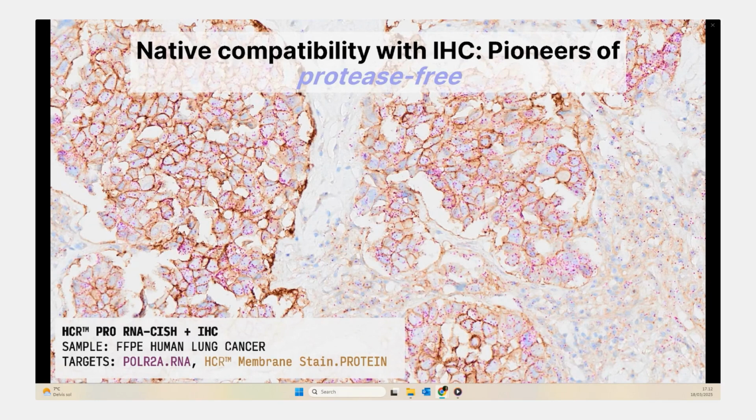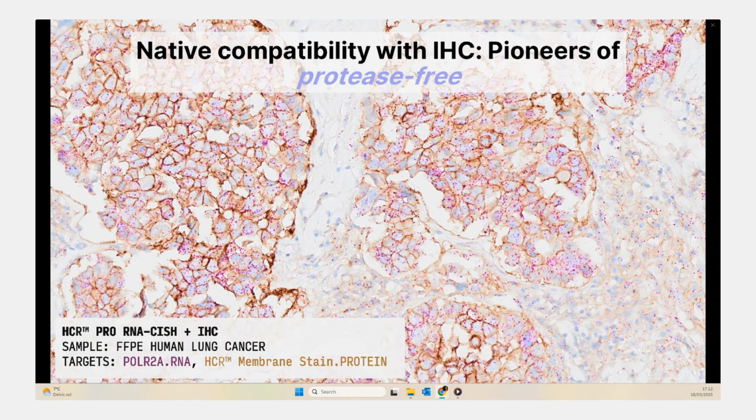An image here shows the co-detection of POLR2A as RNA and a membrane marker as protein in FFPE human lung cancer. And sometimes, as a membrane marker, DAB can overpower the ISH signals during data analysis.